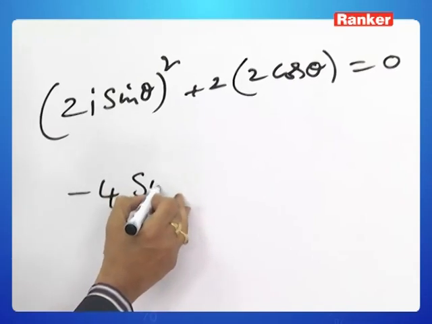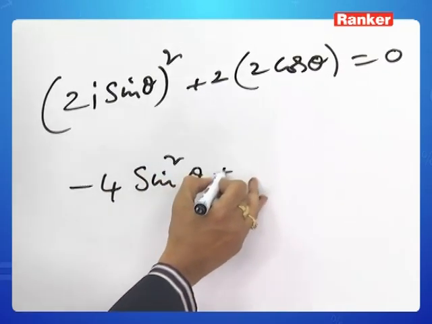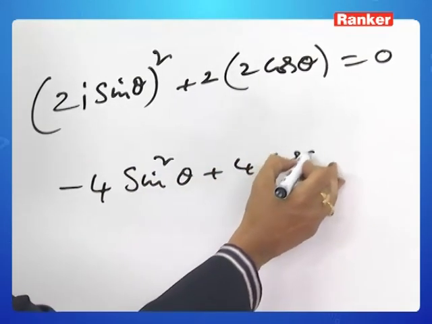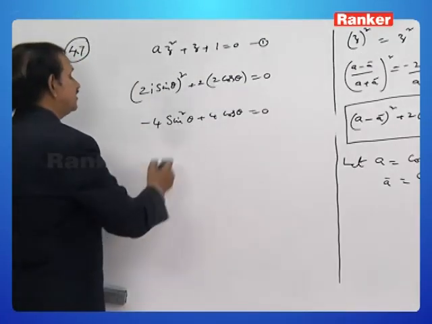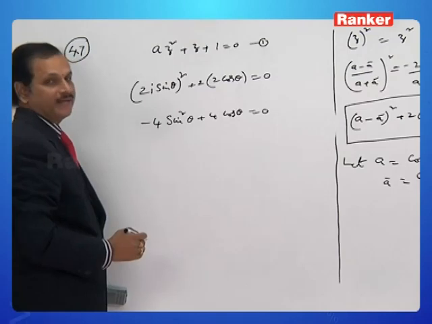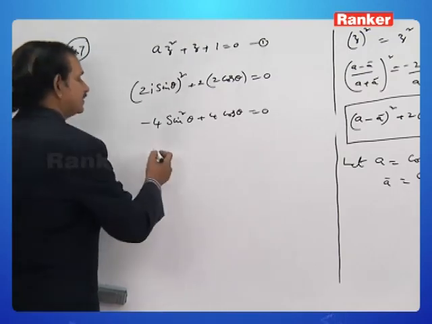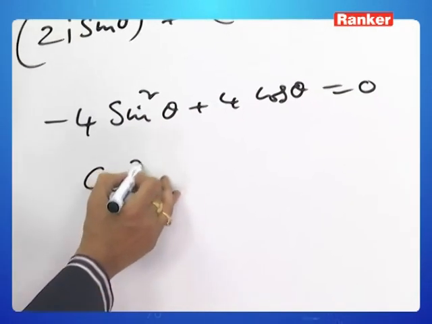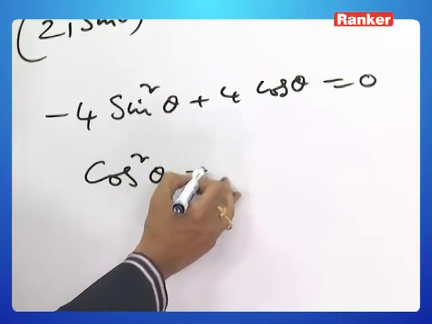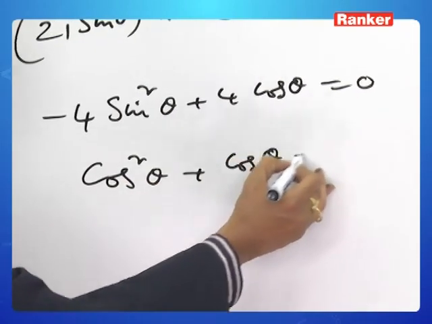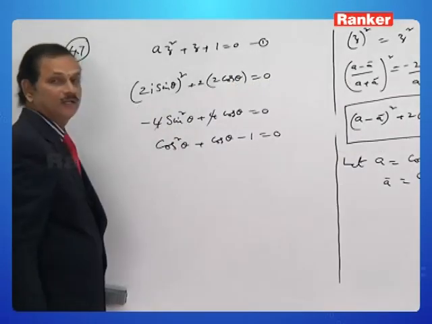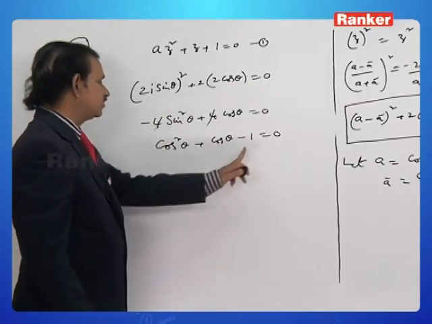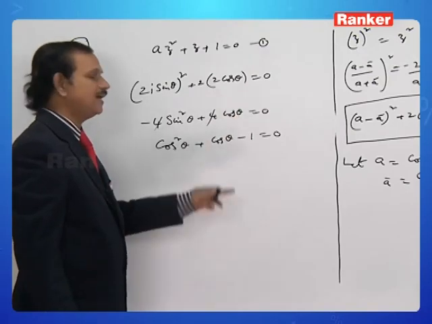That is minus 4 sin square theta plus 4 cos theta is equal to 0. What is sin square theta? 1 minus cos square theta. What is minus sin square theta? cos square theta minus 1. So cos square theta minus 1 plus cos theta is equal to 0. Of course, 4 is now cancelled.